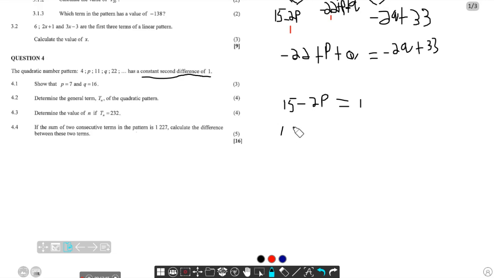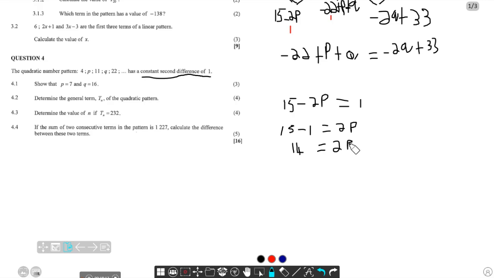So I'm going to say 15 minus 1 is equal to 2p. We didn't want to make an error. So it was going to be 14 is equal to 2p.